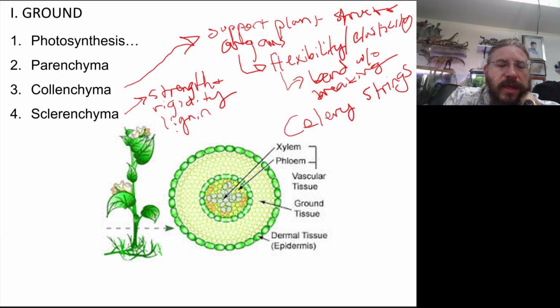Lignin is basically this protein that you can pack into the cell walls and provides a ton of strength and rigidity. So, packed into cell walls.